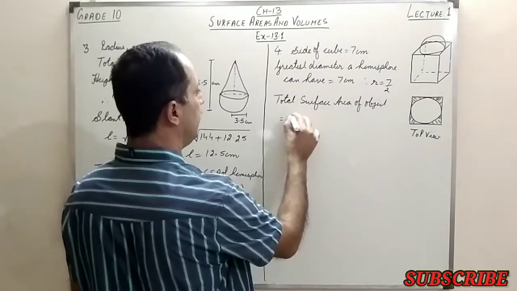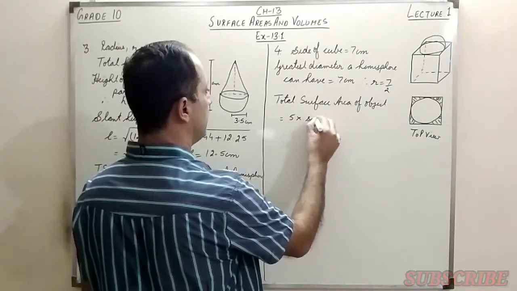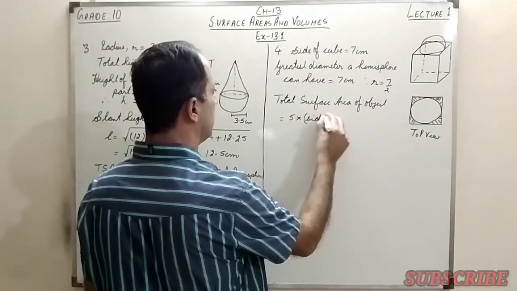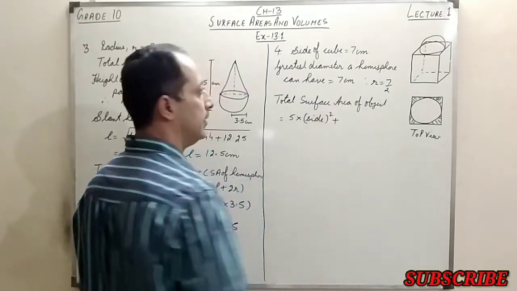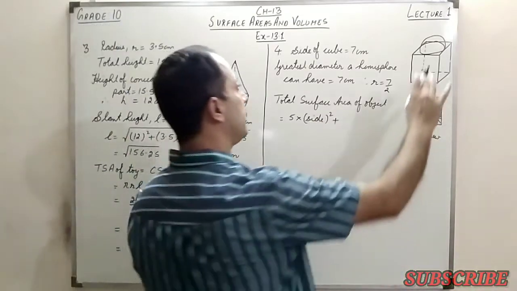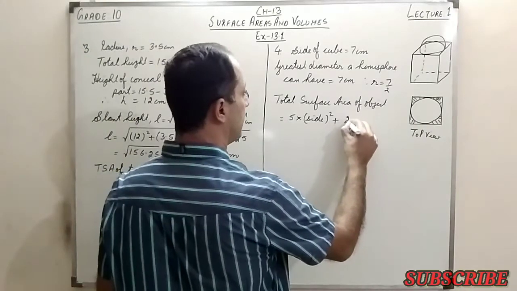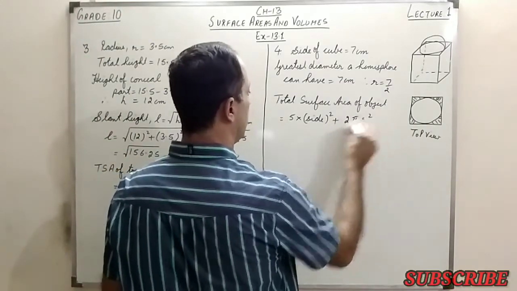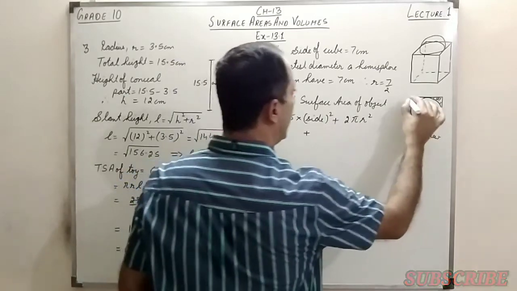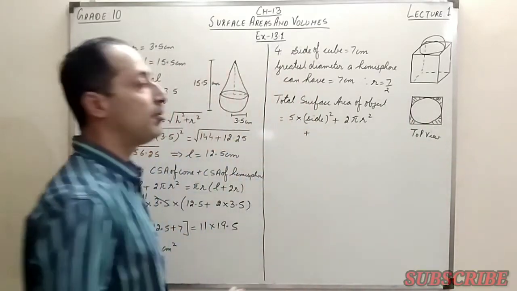So I write 5 into side square, plus the curved surface area of the hemisphere, that is 2 pi r square, and then plus I require the area of the shaded portion which is visible to us.